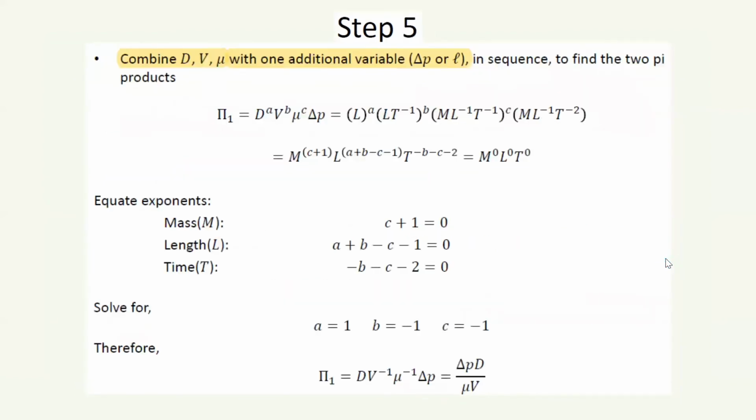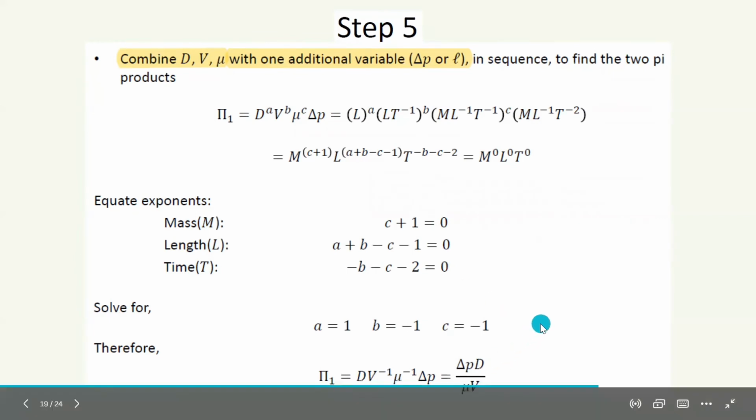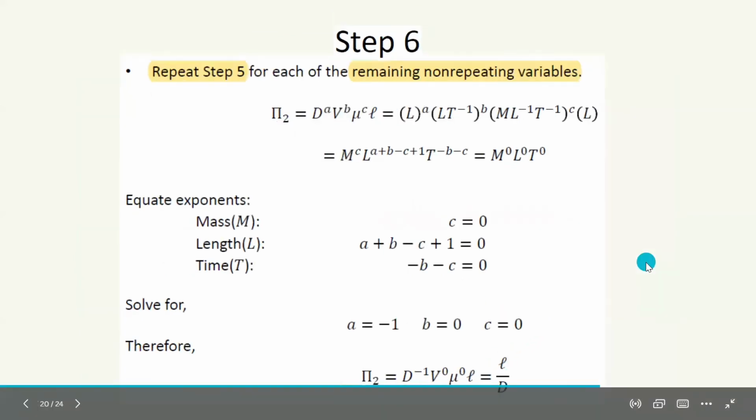Move on to step 5. Combine the repeating variables with one additional variable, either the L or the change in pressure, in sequence to find 2 pi products. So we substitute into the equation and we'll get MLT. Then we will use simultaneous equations to find the values of a, b, and c, and then we'll substitute the values back.